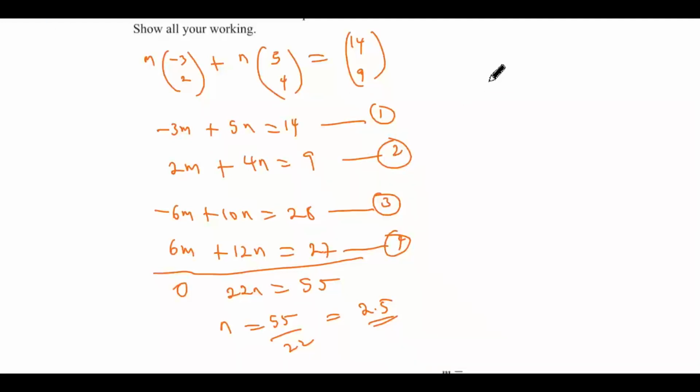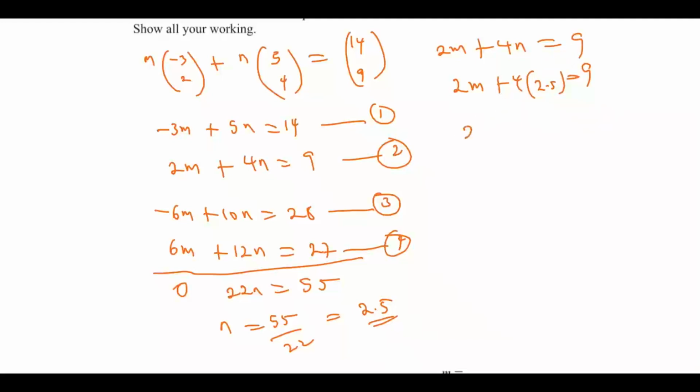So let's substitute the value n equals 2.5 into equation 2. Equation 2 is 2m plus 4n equals 9. So we have 2m plus 4 into brackets 2.5 equals 9.